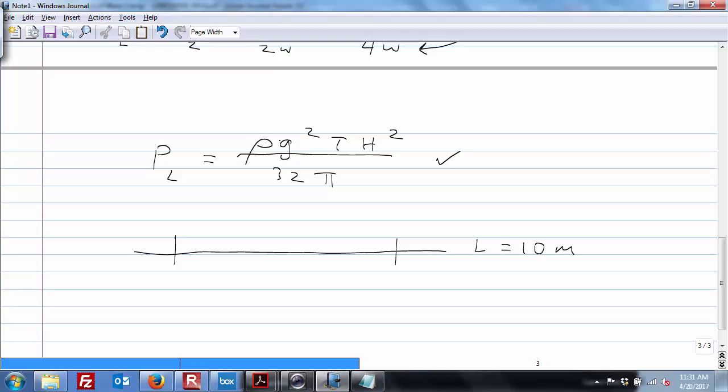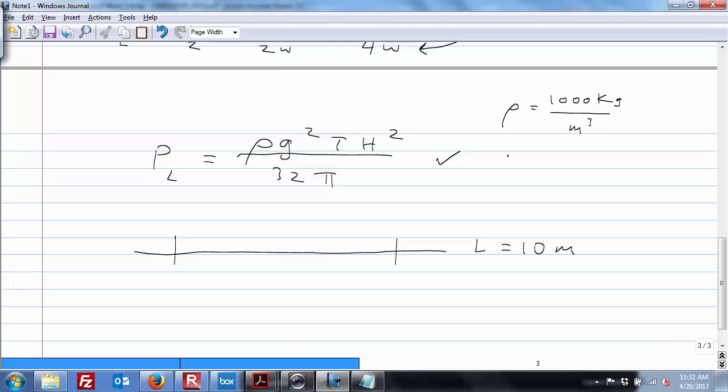Now for density, we're going to do everything in SI units, so we'll keep it simple. So rho equals 1,000 kilograms per cubic meter.